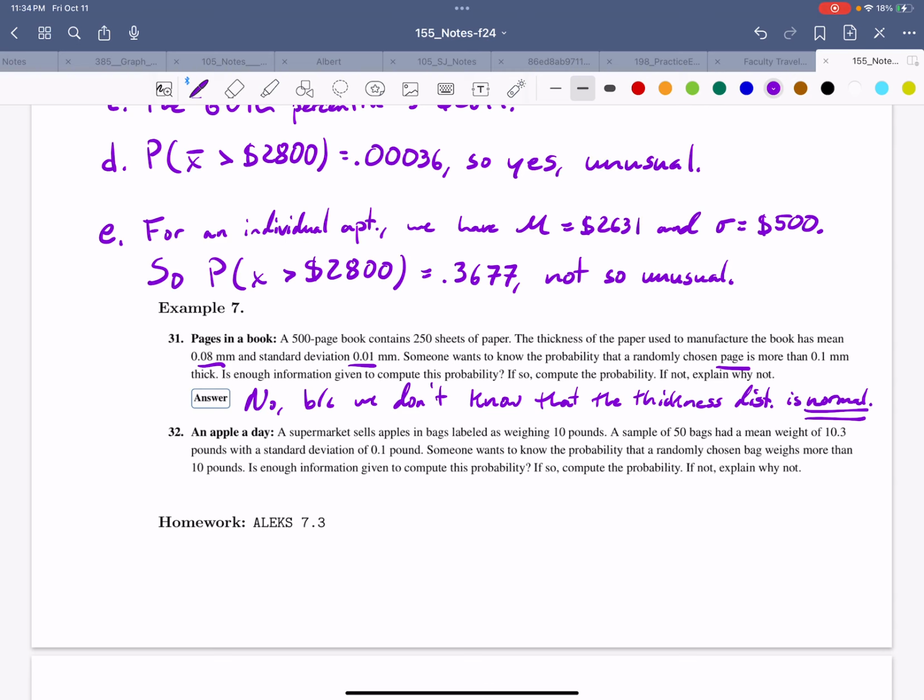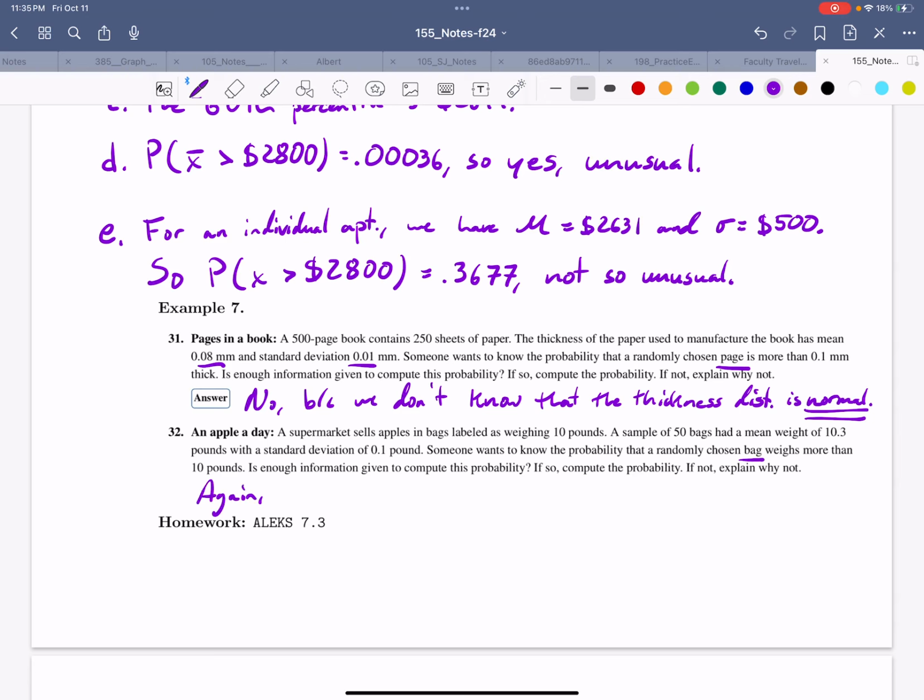All right, let's look at 32. Apples in bags weighing 10 pounds, sample of 50 bags, had a mean weight of 10.3 pounds, standard deviation of 0.1 pound. Someone wants to know the probability that a randomly chosen bag, again, singular, weighs more than 10 pounds.